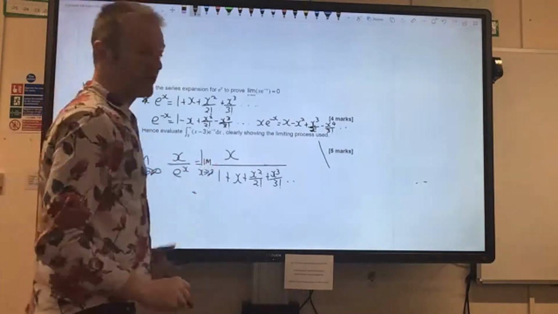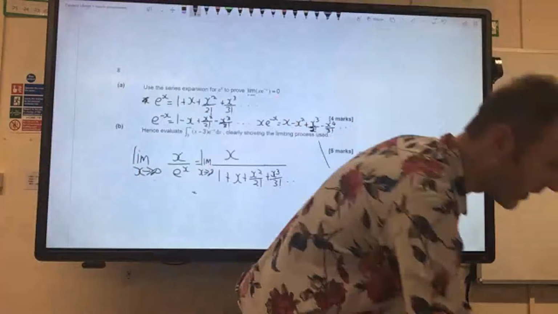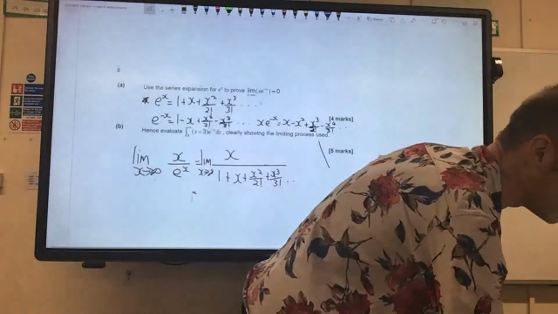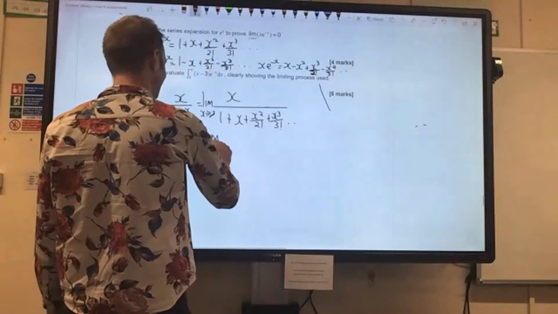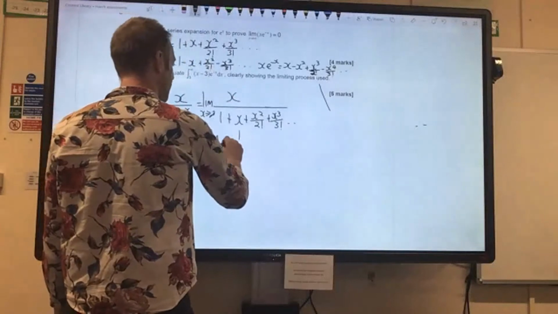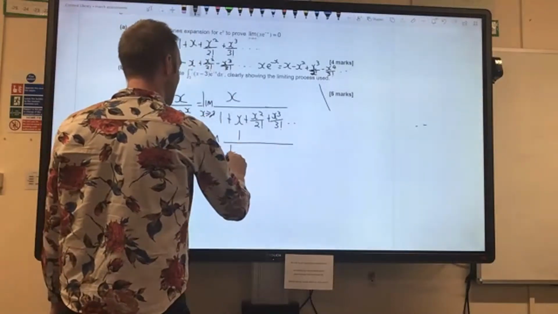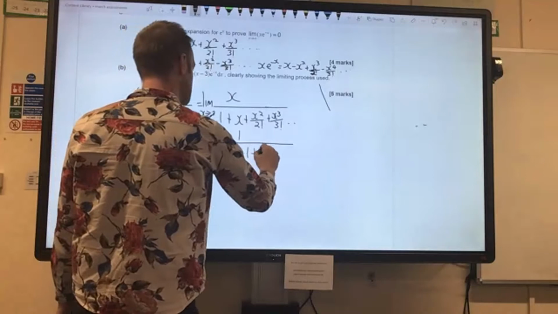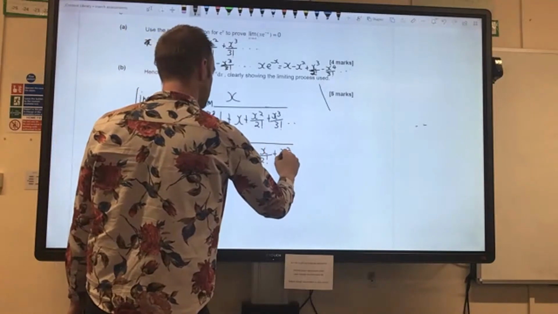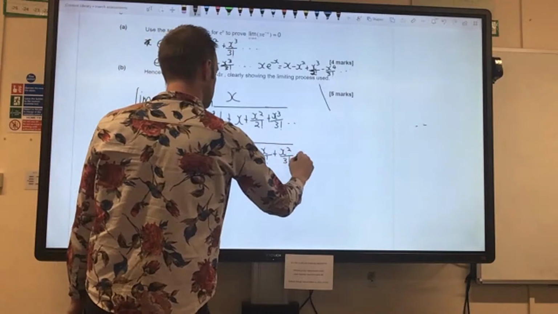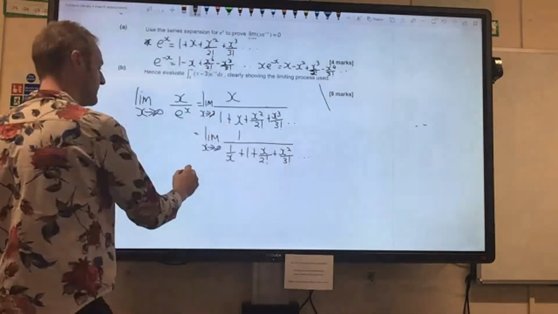Okay, at the moment I've got infinity over infinity. I'm not going to call that 1, I'm not going to call that 0. I am going to divide the top by x. And I get 1. And I'm going to divide the bottom by x. Okay.